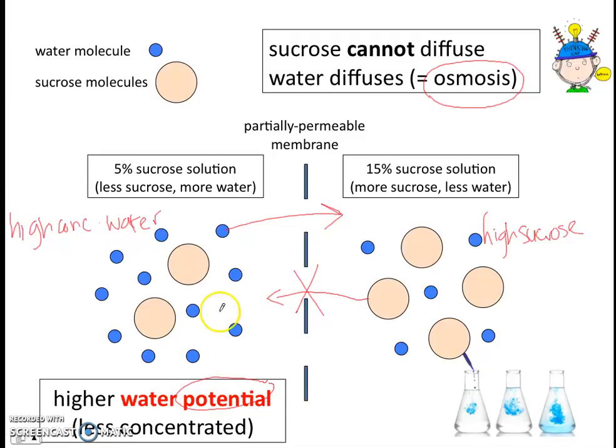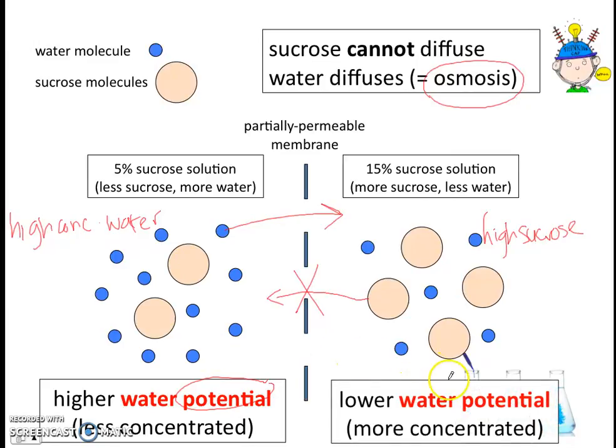So this side on the left has a higher water potential, is less concentrated, and has more water molecules. And the other side, we say that it has a lower water potential compared to this side, as there are fewer water molecules. So 5% sucrose solution has a higher water potential compared to 15% sucrose solution.